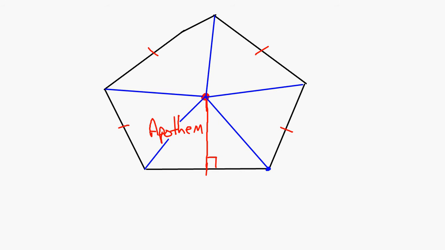Now, this angle measure, these central angles, this right here is a central angle. All right, this angle right here. How many of those angles are there? There's 5 of them, right?